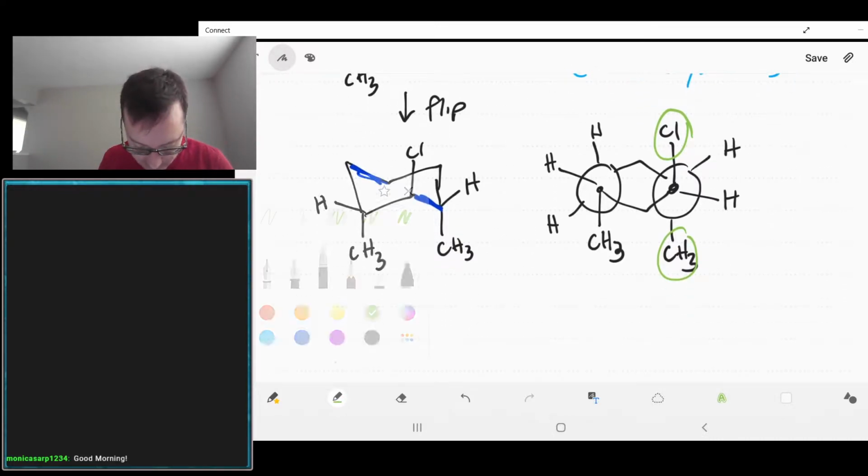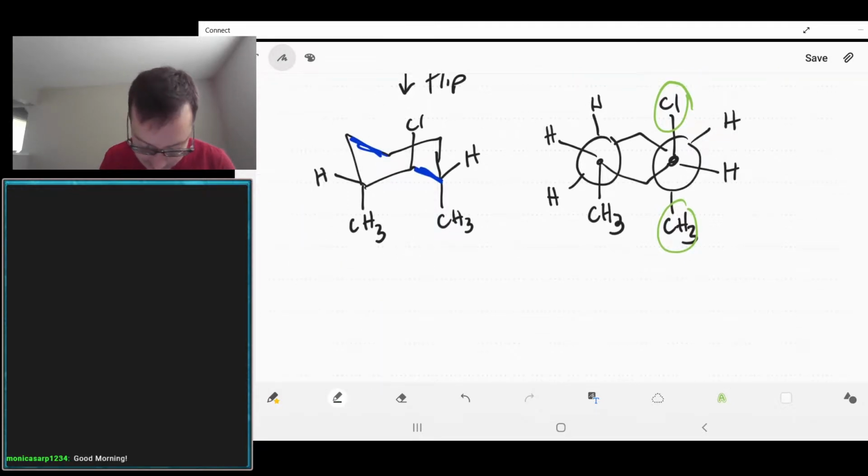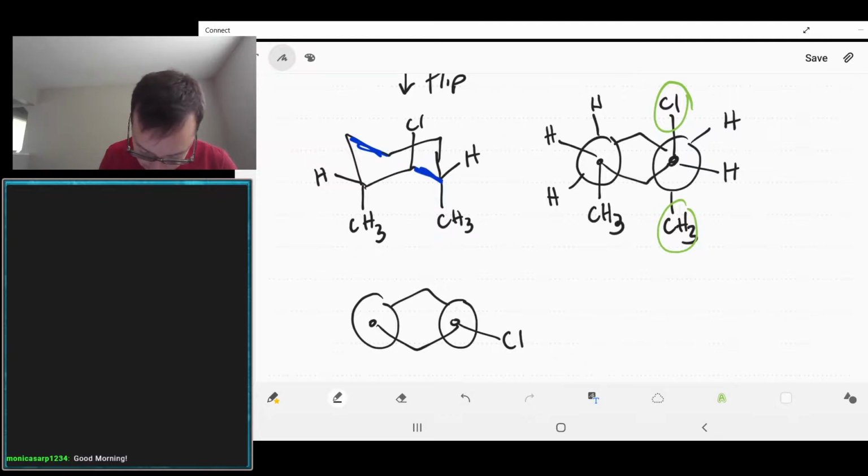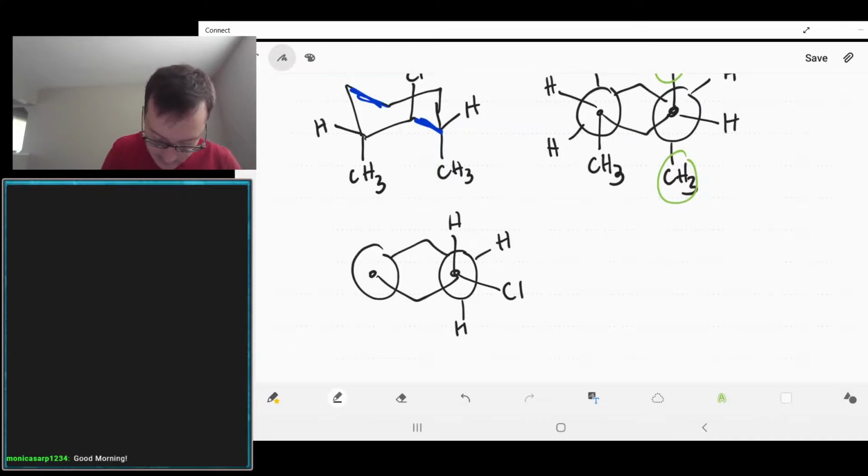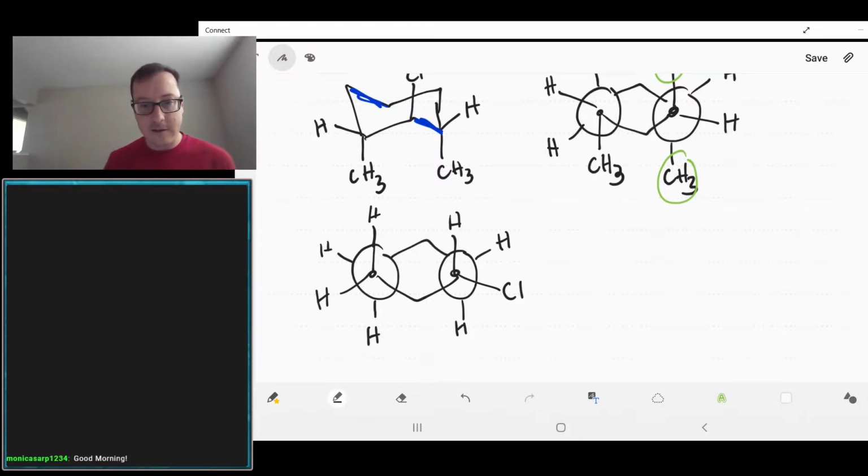Because if we just take a look at a double Newman where chlorine is, I'm going to just draw a new molecule, it doesn't really matter. This is just showing you. Okay, if we look at this particular conformation, again, this one would not be able to react until it flips.